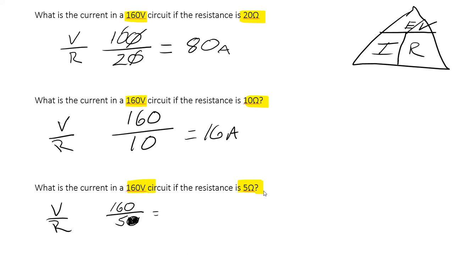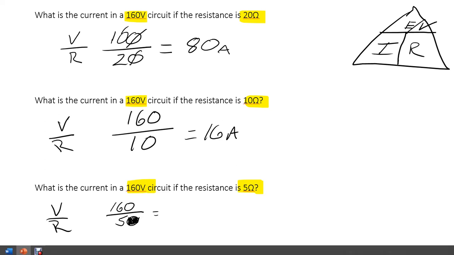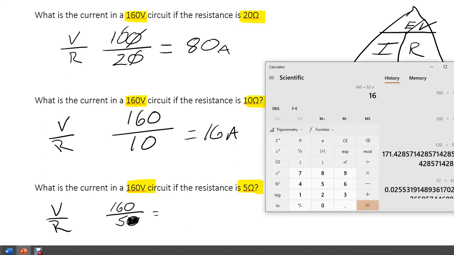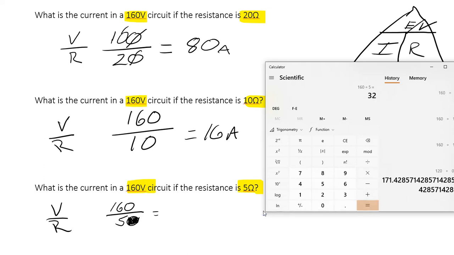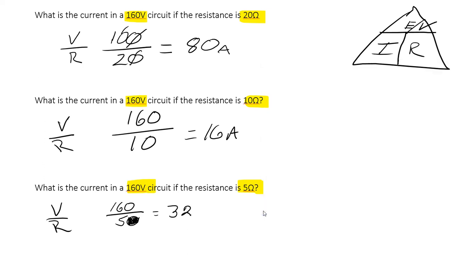So 160 divided by 5. I'm going to pull my calculator up. 160 divided by 5 equals 32. So the answer is 32 amps.